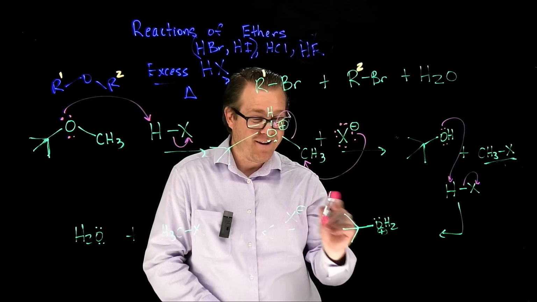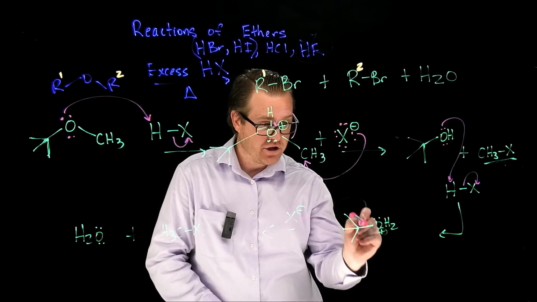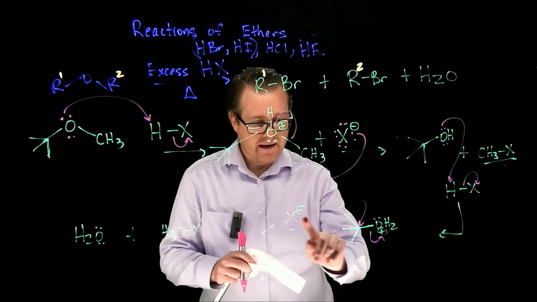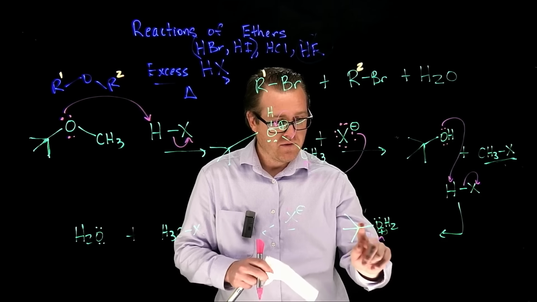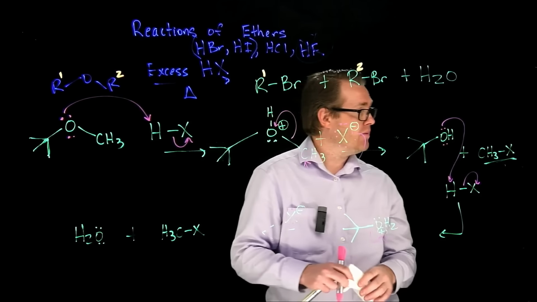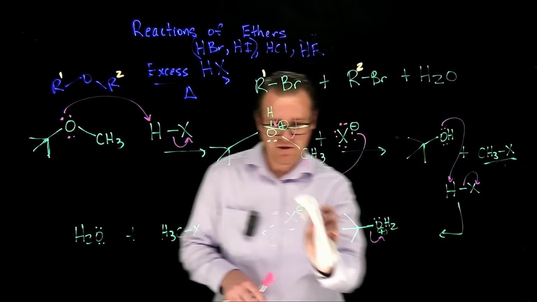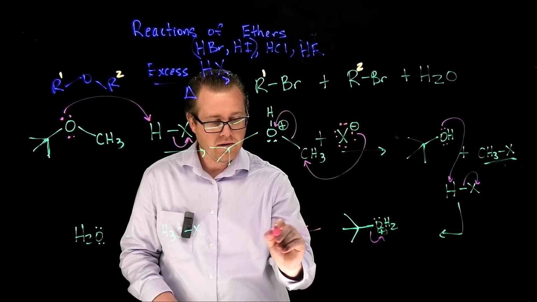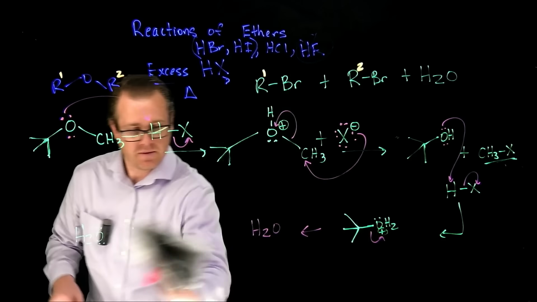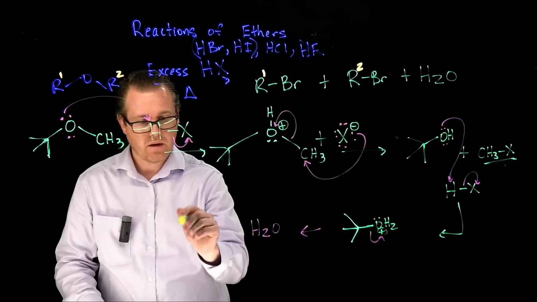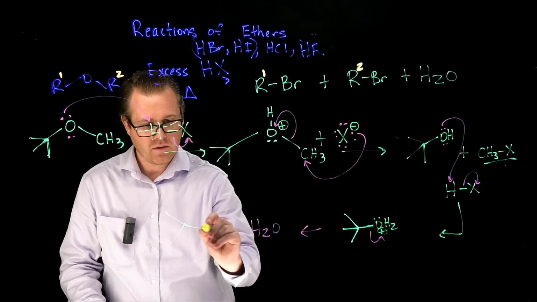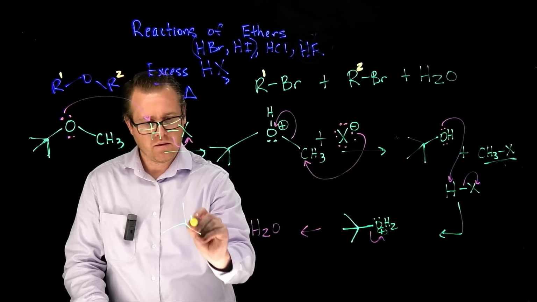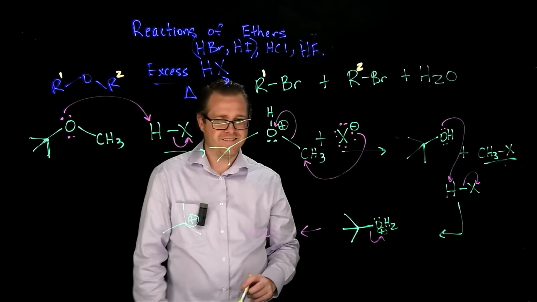So why does the mechanism change when we have this tertiary alcohol? Because it's a tertiary alcohol. Can we do an SN2 style on a tertiary carbon? We can't. So the mechanism changes from an SN2 to an SN1. So it leaves first. And so we have water that is left plus, let's draw it a little bit better, a tertiary carbocation.